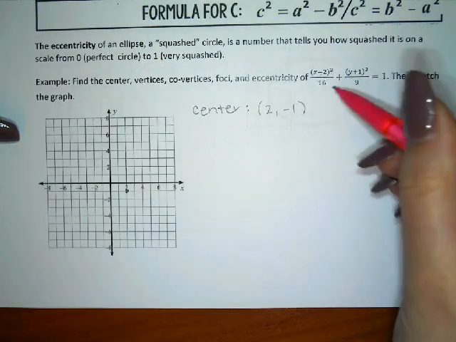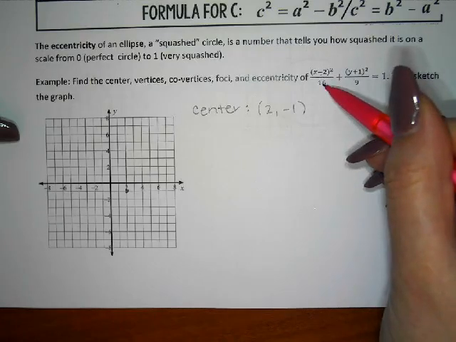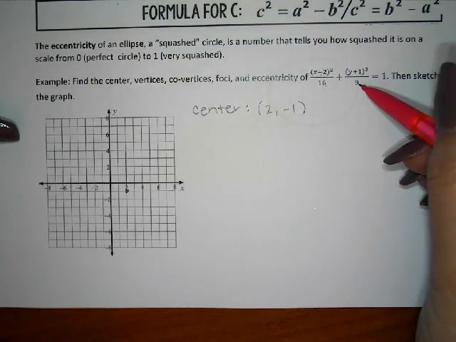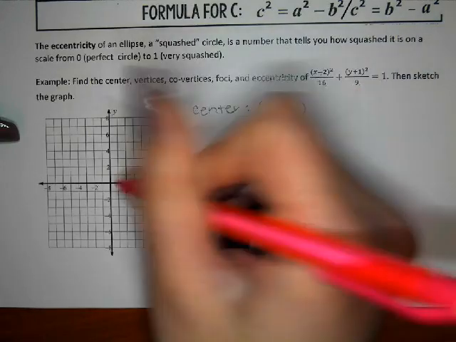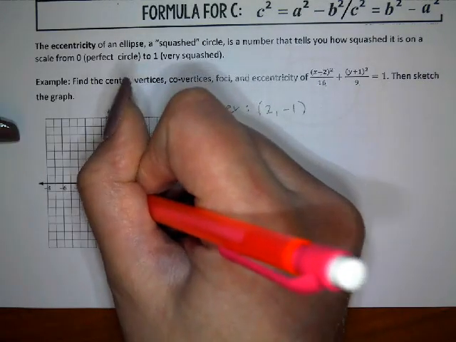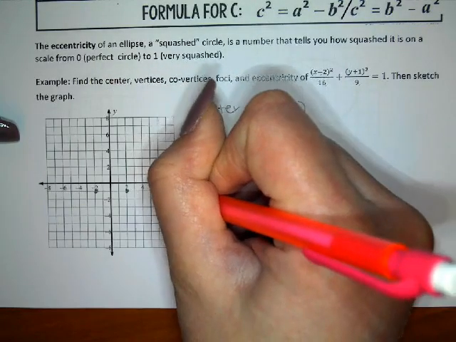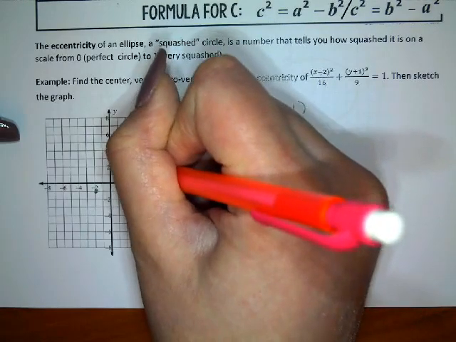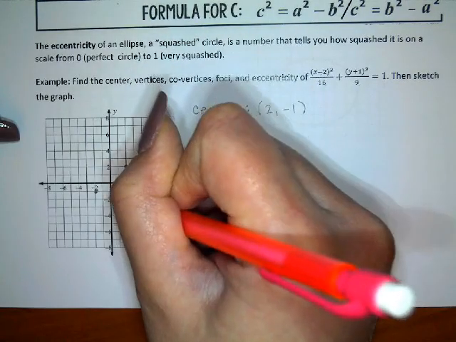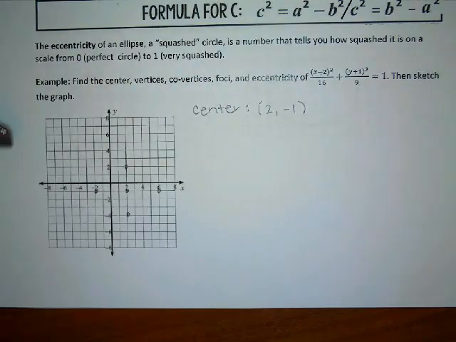And then from the center, the left and right radius would be the square root of 16. The up and down radius would be the square root of 9. So square root of 16 is 4. So 1, 2, 3, 4 on each side. And then square root of 9 is 3. 1, 2, 3 up and down. And then that's going to make our ellipse.